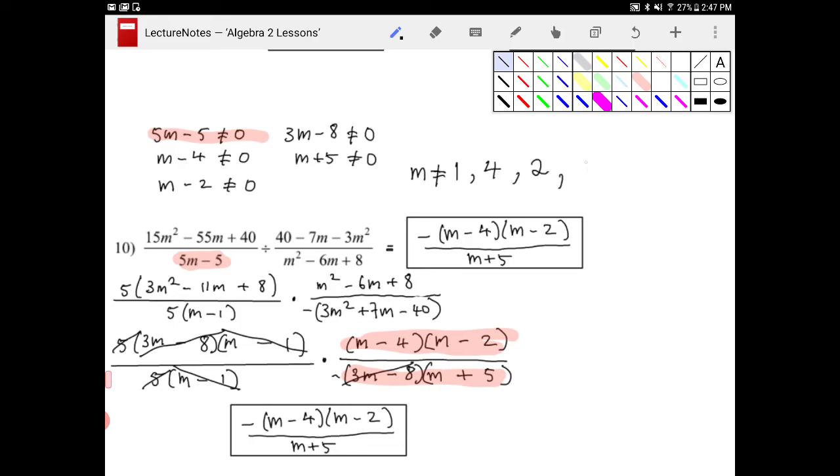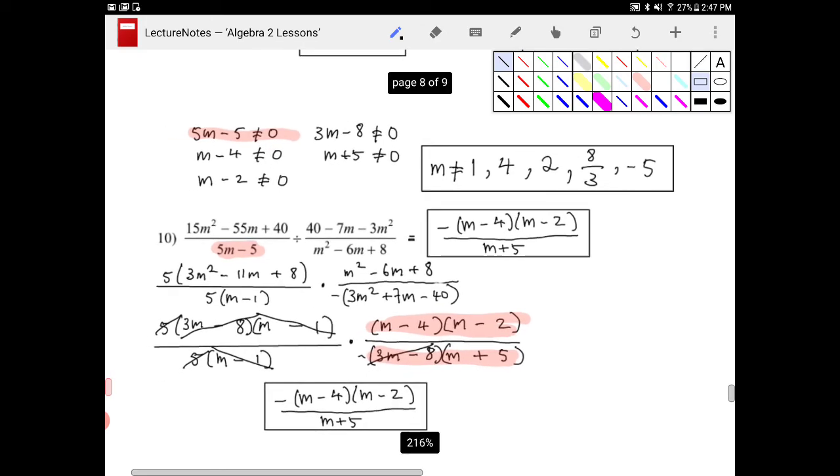Then m cannot be 8/3. And the last one, m cannot equal negative 5. So m cannot equal any of these things. If it does, then either side of the equation will be undefined. But it will work for any other values of m.